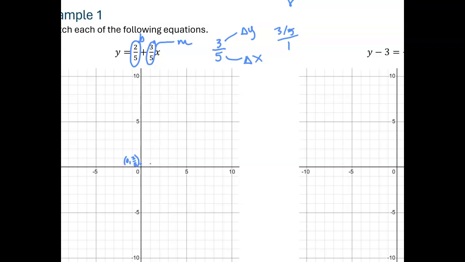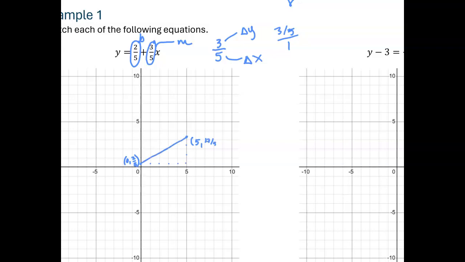So we would go over 1, 2, 3, 4, 5, and then we would go up 1, 2, 3, and that would put us at (5, 3 and 2/5), which is 17/5.